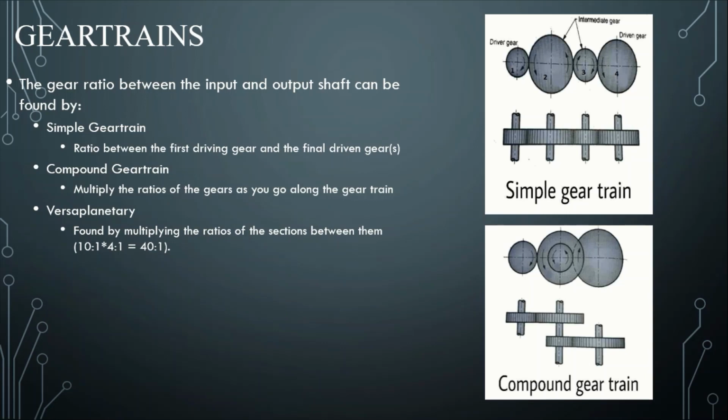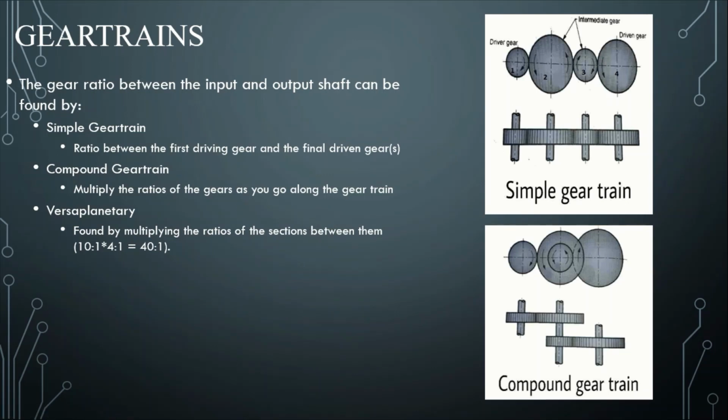And so another thing we can do is stack up some things. If I were to turn the driver gear at a certain speed, the final driven gear in this case will just be the ratio between the driver and the driven. The 2 gears in the middle are the intermediate or idler gears.